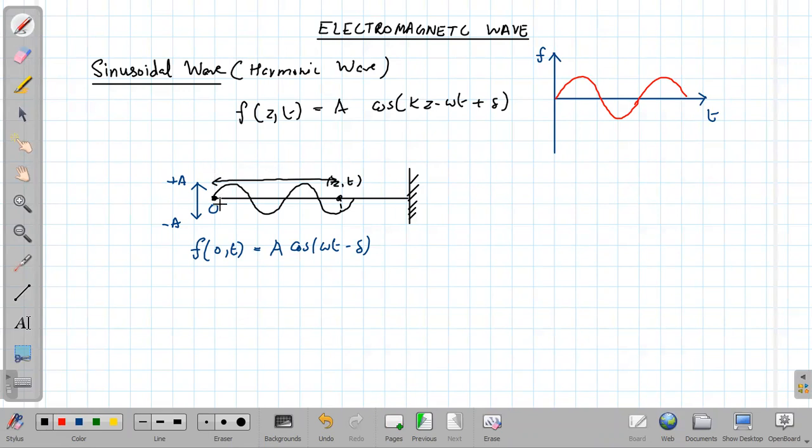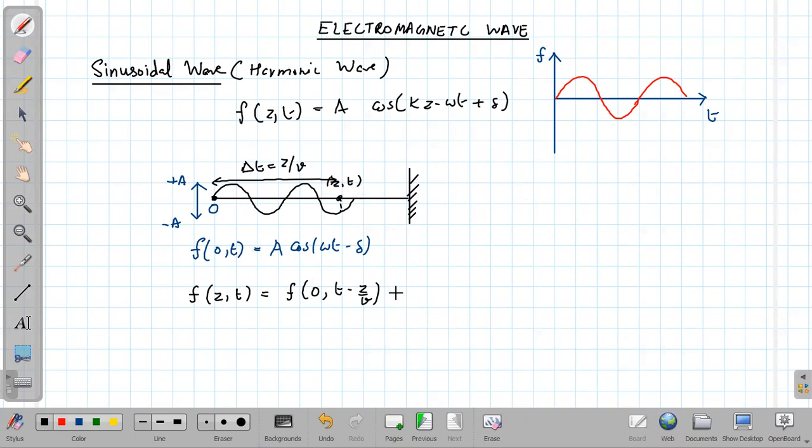Therefore the shape at location z at time t would be equal to the shape at location 0 at time t minus z by v, because for the oscillation to reach position z from the origin, it requires time. The time delay is z by v, where v is the speed of the wave.